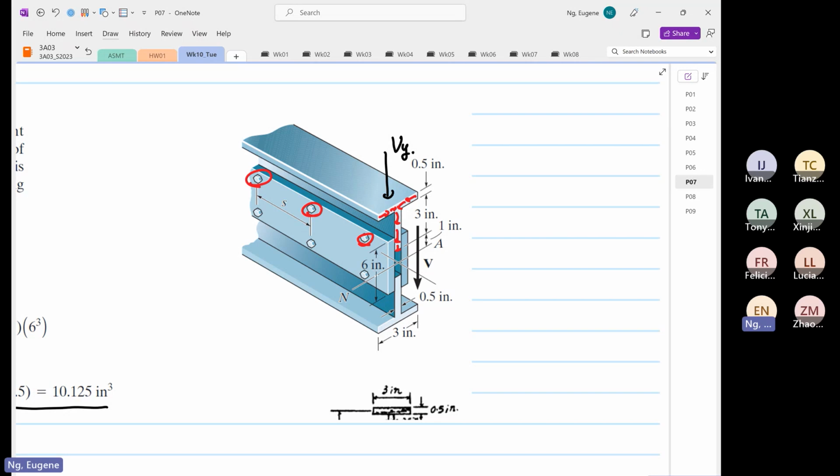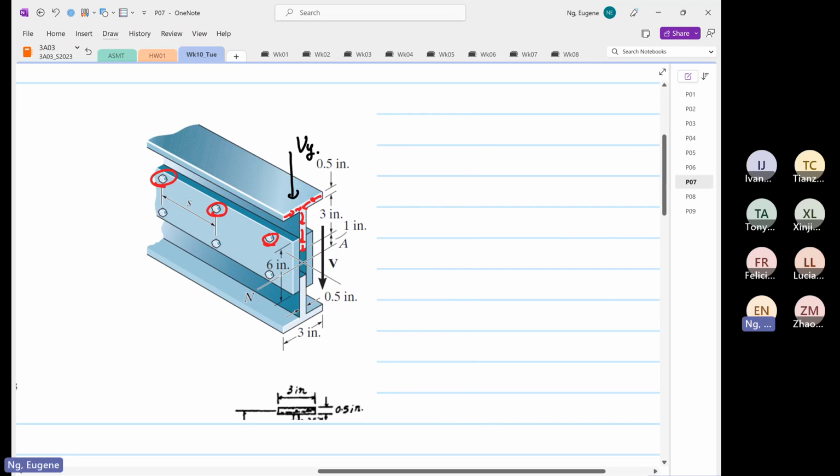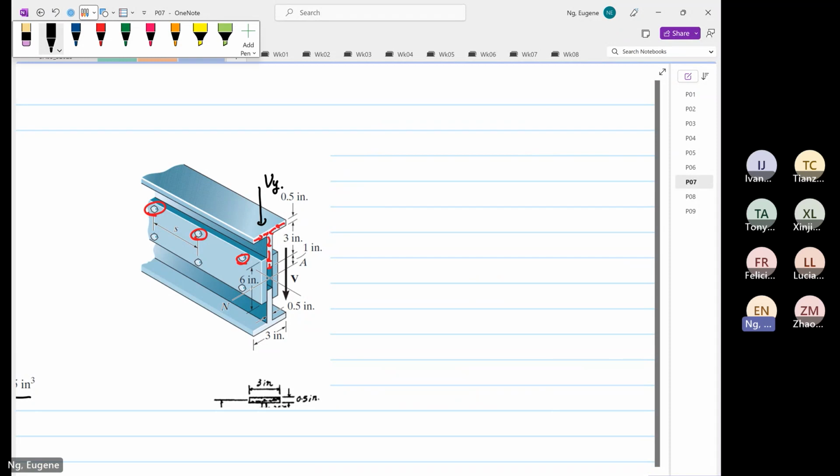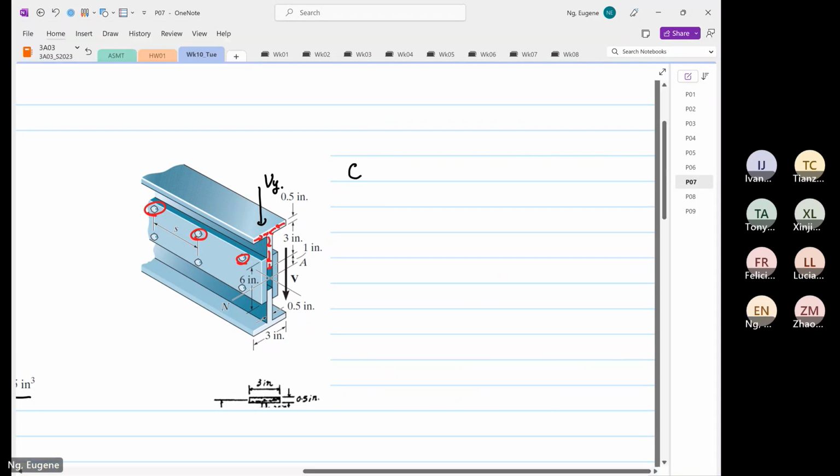You only need to consider the top half. You don't need to consider the bottom half because the first moment of area you only need to do at the top half. So for this case, we are going to calculate the Q. I'm going to calculate the Q of the flange plus the Q of the web.